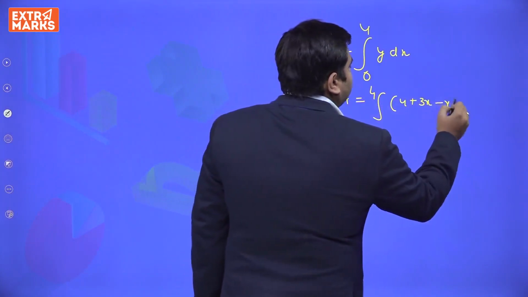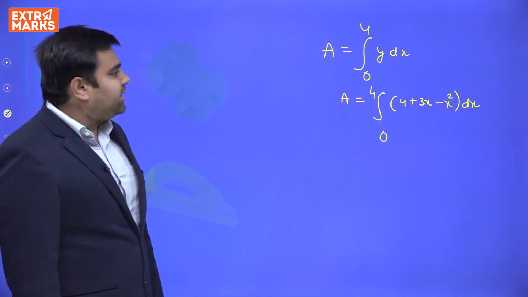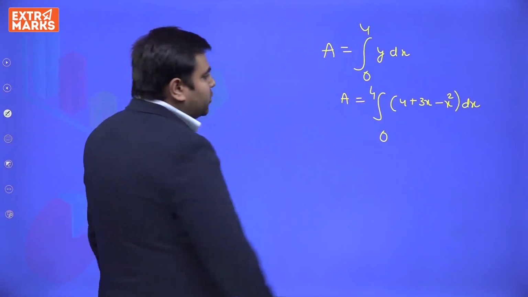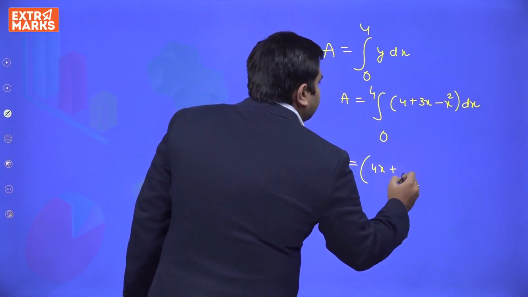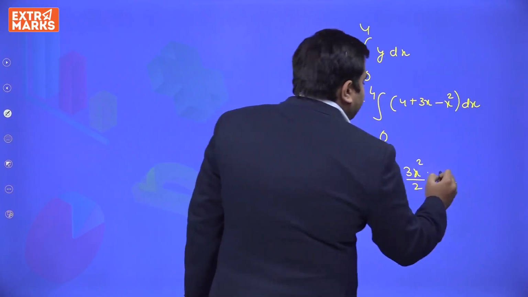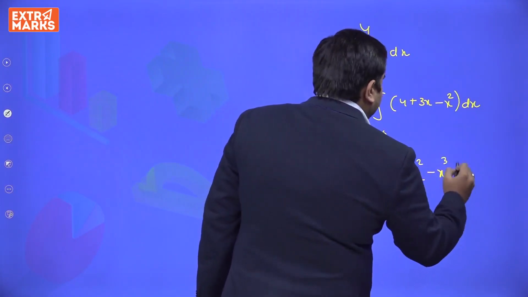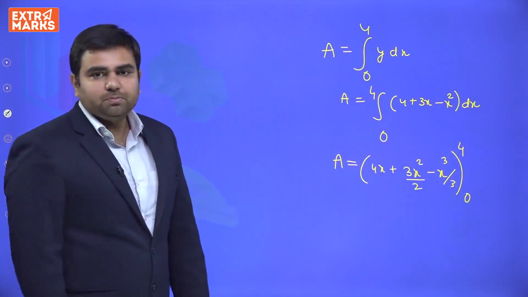So the integral of 4 plus 3x minus x square dx would come out to be 4x plus 3x square by 2 minus x cube by 3, from 0 to 4, right?